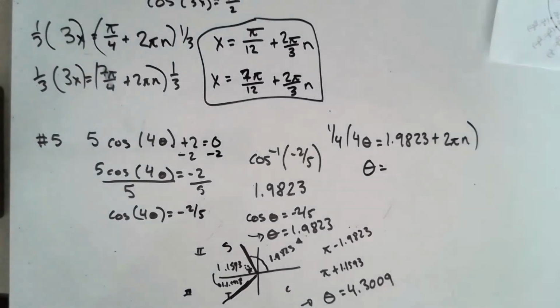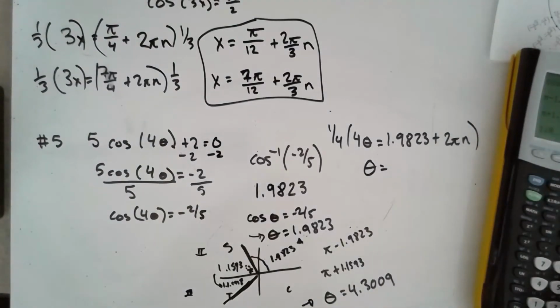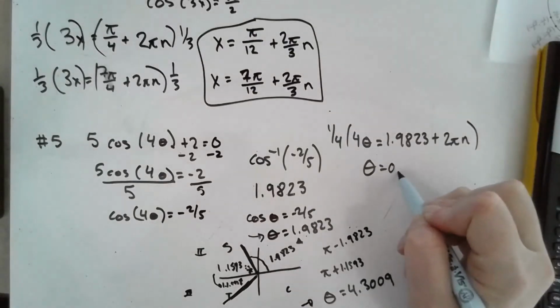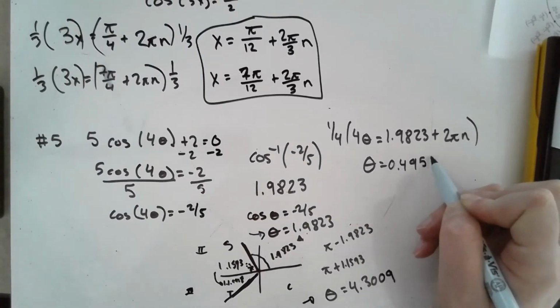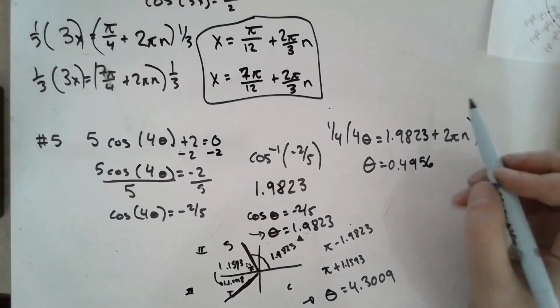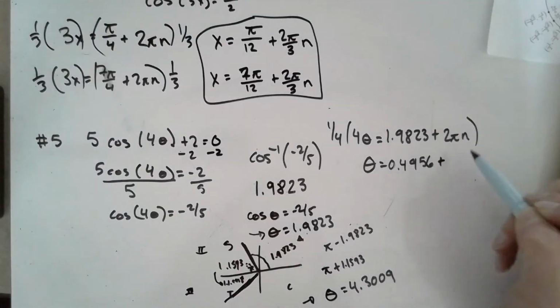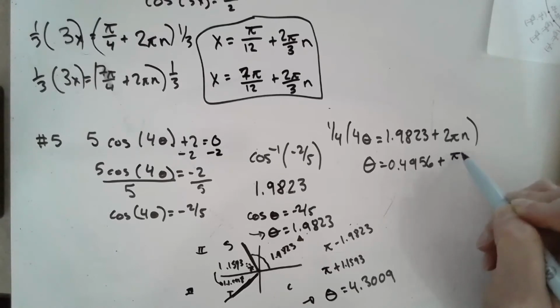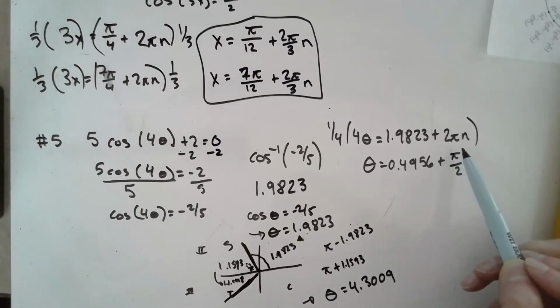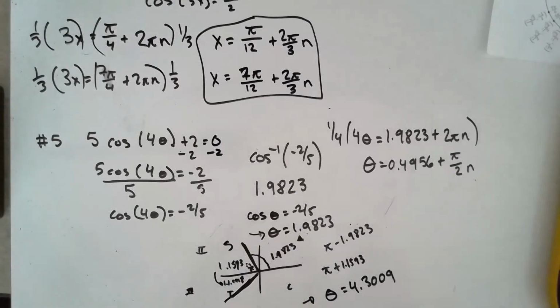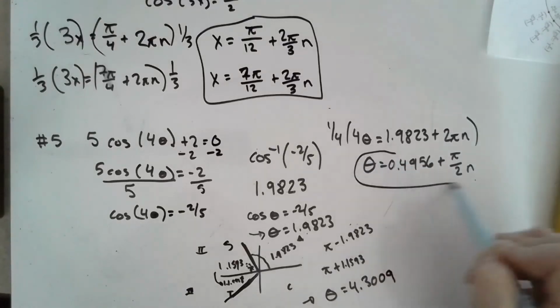So theta equals 1.9823 divided by 4, which is 0.4956, plus pi halves n. If I divide 2 pi by 4, that'd be 2 pi fourths, which is pi halves. Okay, so there's one answer.